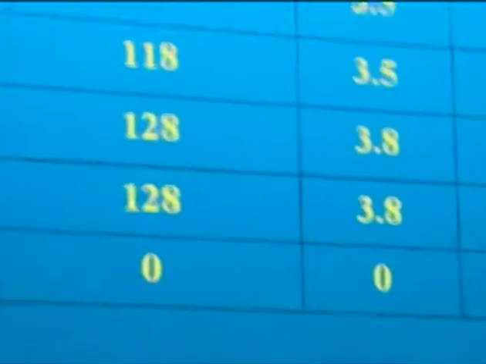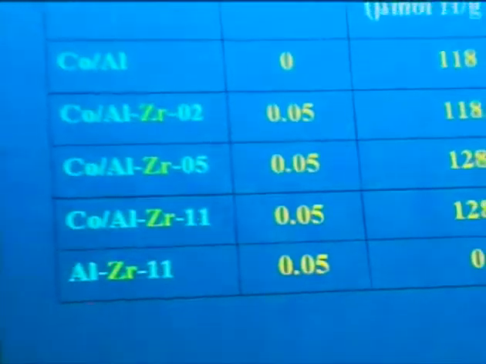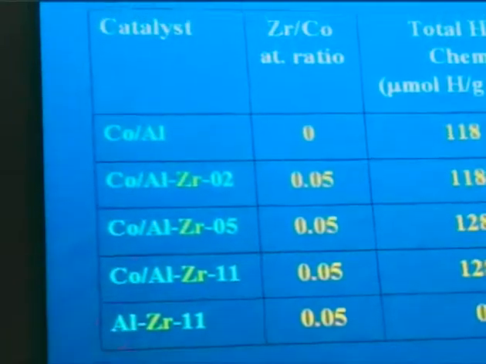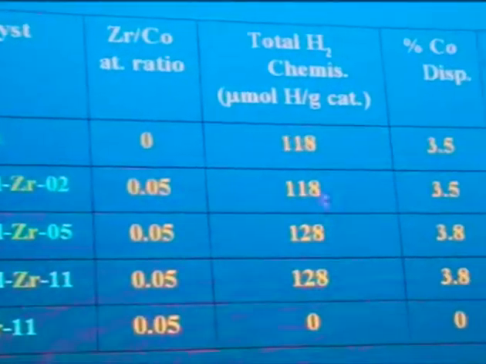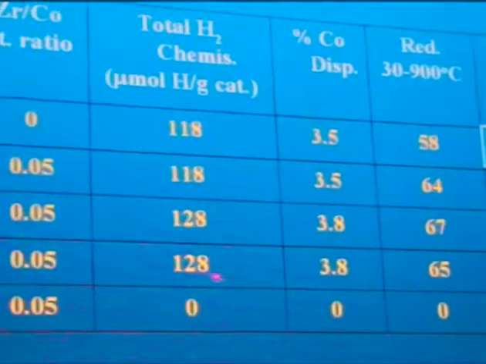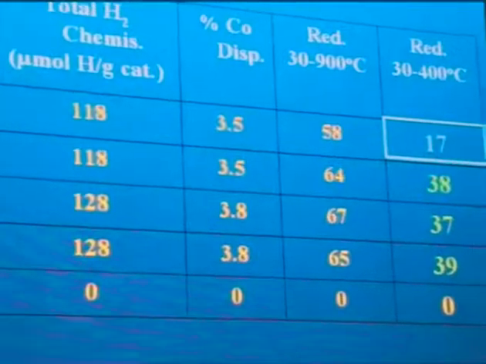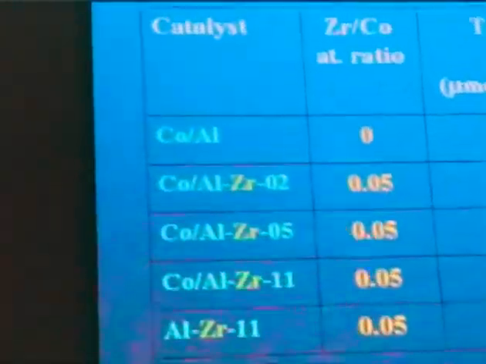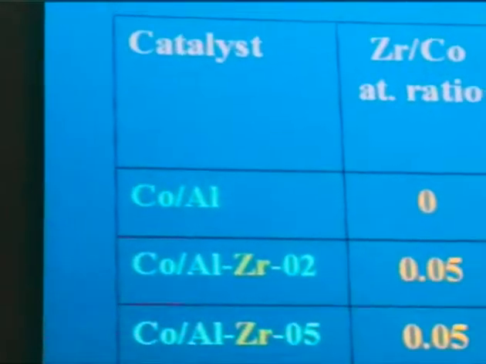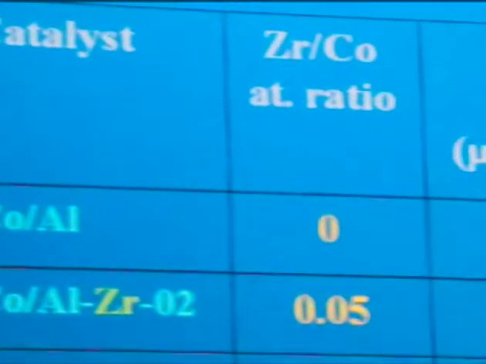Okay, what about zirconia promoted cobalt on alumina, impact on hydrogen chemisorption and reducibility? Well, if you look at the chemisorption over here, there doesn't look to be a lot of difference. 118 versus 128, I wouldn't want to write home about that. As Michel Boudart always said, unless it's more than a factor of 2, you don't get excited about it.